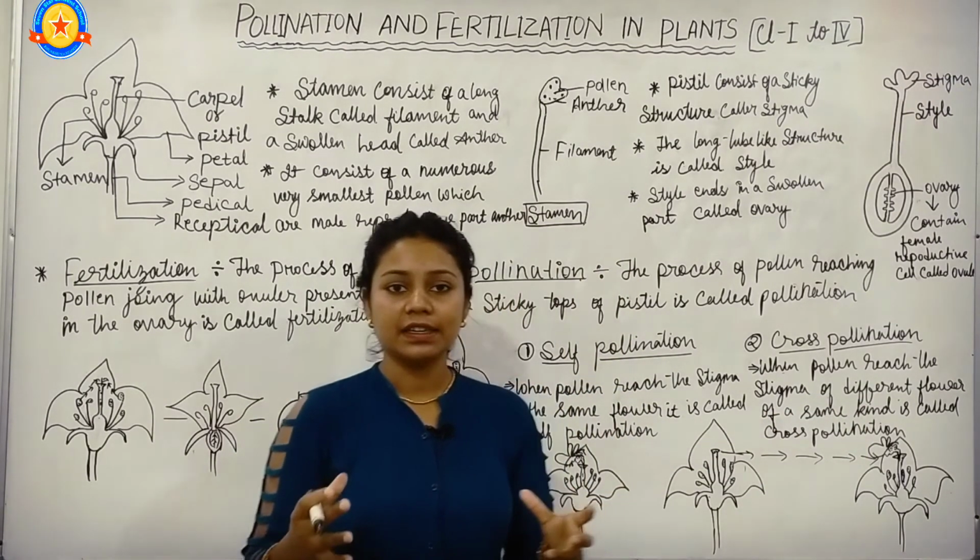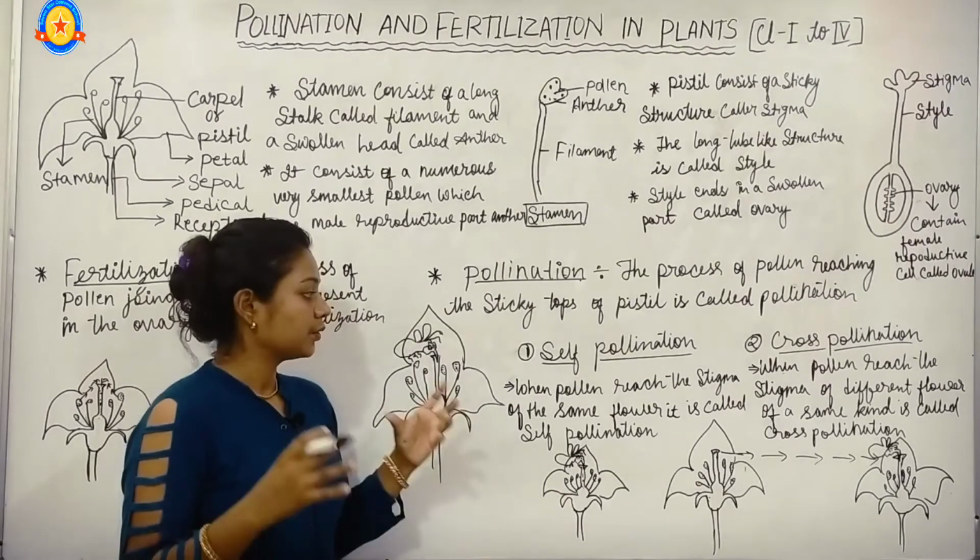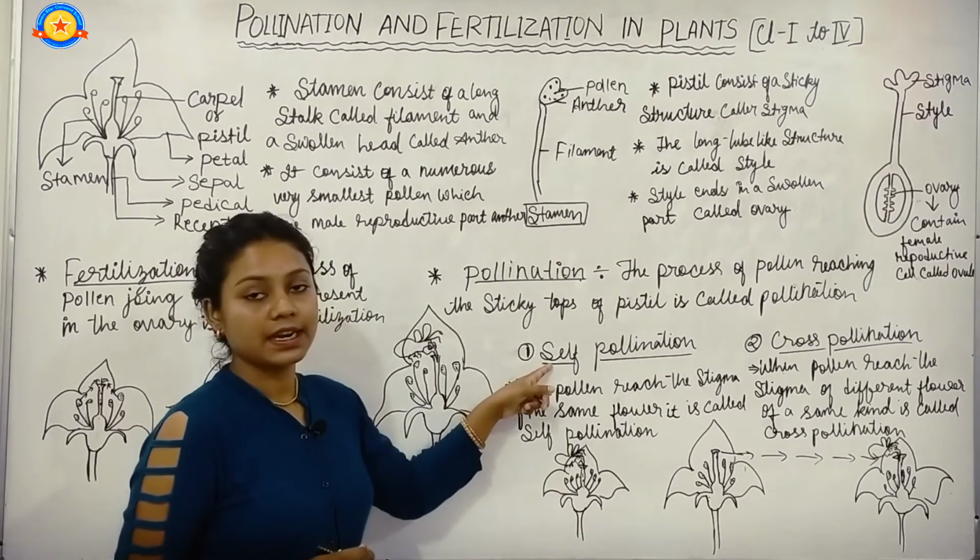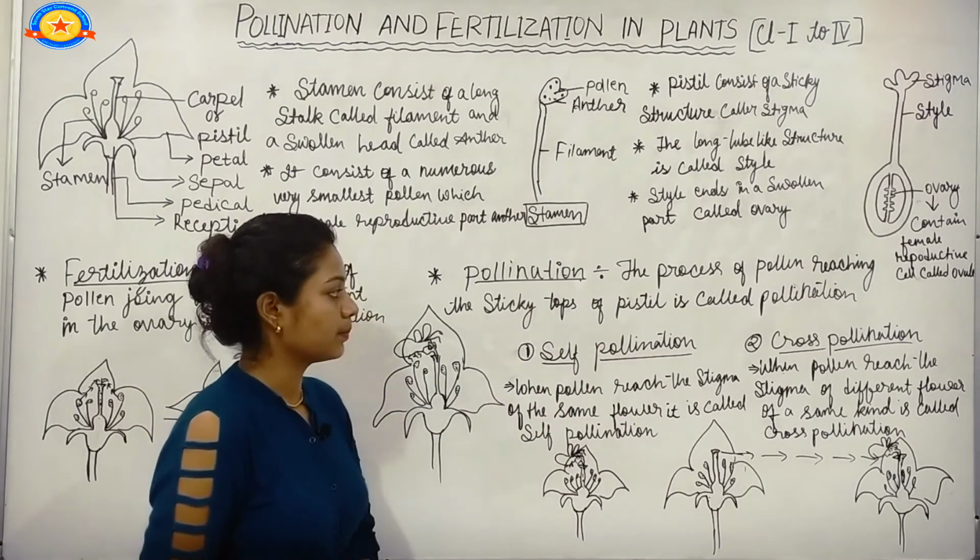So children, these are the two types of pollination, self-pollination and cross-pollination.